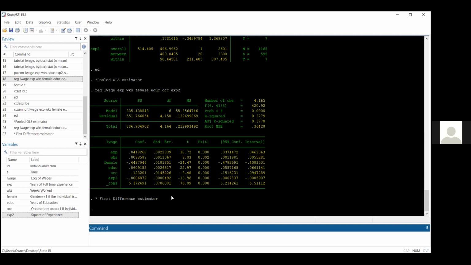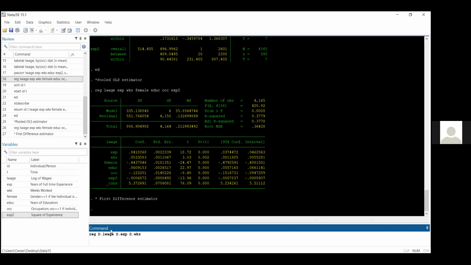So as simple as just running, again, it is reg. You can say d.LOH, which means you are differencing your dependent variable, and d., the next independent variable is experience. Then d., the next independent variable is weeks.